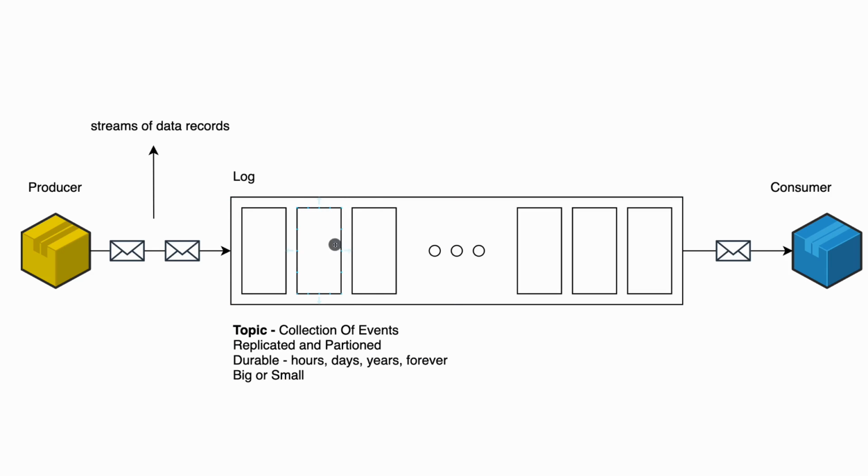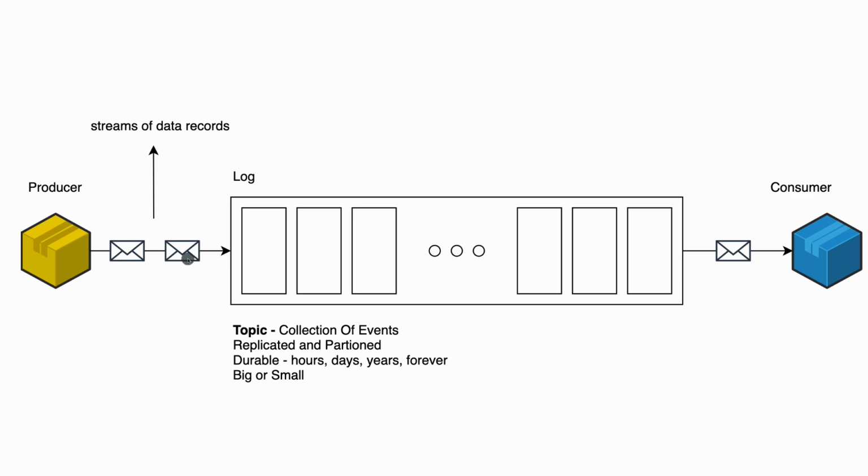And once data is read off a topic, it's still there. Whereas with a message queue, if this is read, then it's gone. With Kafka, it's not the case, meaning you can have a bunch of other consumers reading off the same topic.